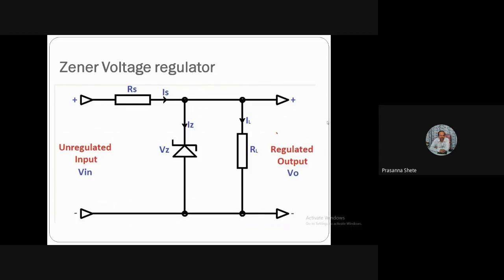Hence, this type of regulator is a parallel or shunt type voltage regulator. And as we know, whenever we have a Zener, we have a resistance Rs connected in series with that Zener, and accordingly the output will be regulated based on the characteristics of the Zener. We regulate the input DC voltage and get a regulated output DC voltage.